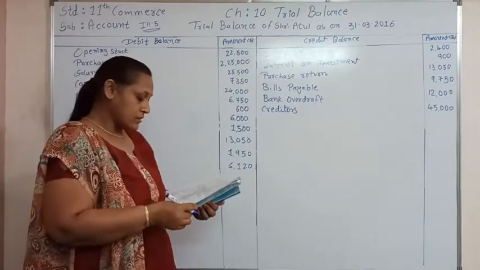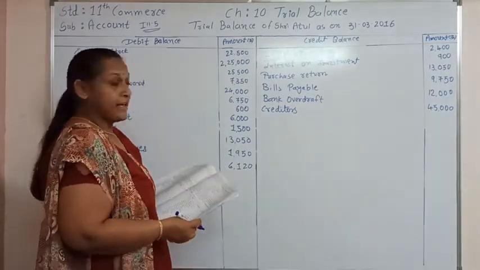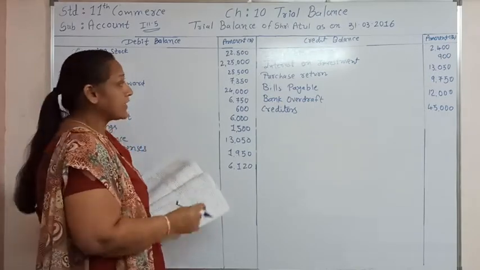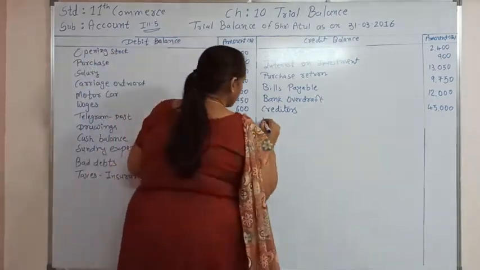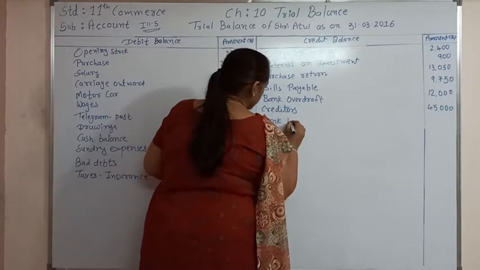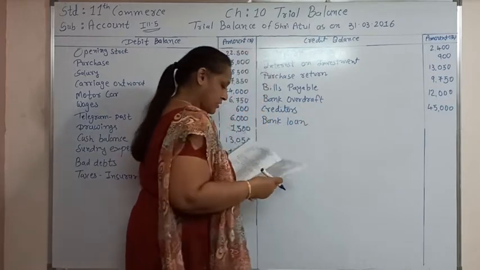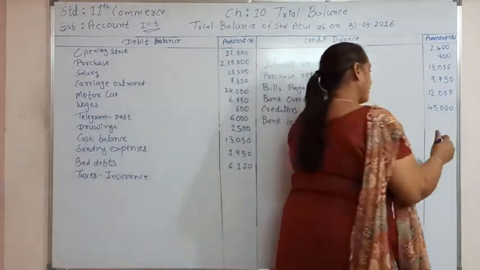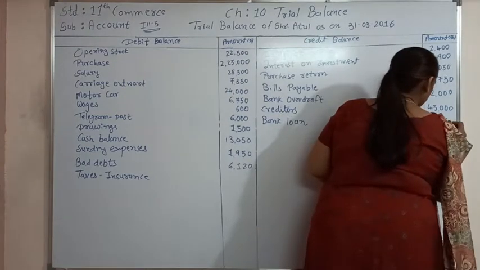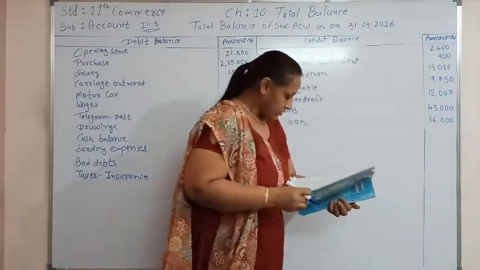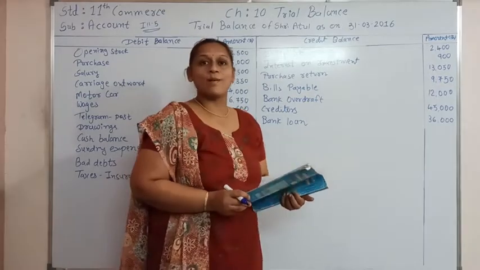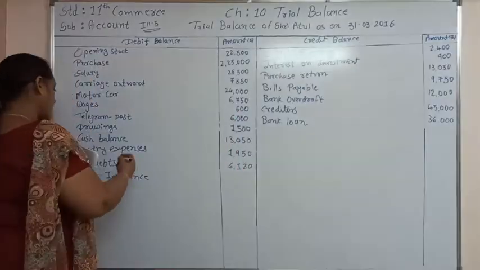And after that, another account is a bank loan account, and bank loan is our liability, and liability has a credit balance. Bank loan has a balance of 36,000. After bank loan, another account is an advertisement expense account, and an expense account has a debit balance.